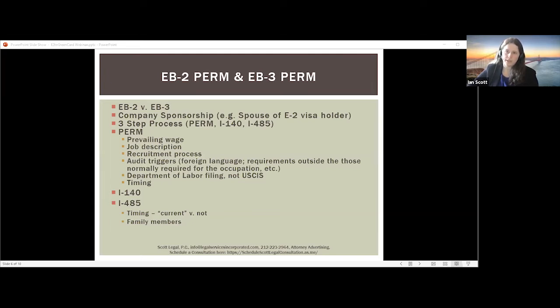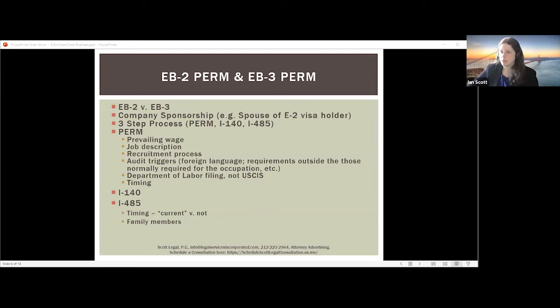For an EB-3, generally you'll have a bachelor's degree if you're qualifying under the professionals category. Companies can also sponsor people in the EB-3 category who are skilled workers, so 2 years or more of training, education, or experience, or what they call unskilled workers, where a job requires less than that 2 years.